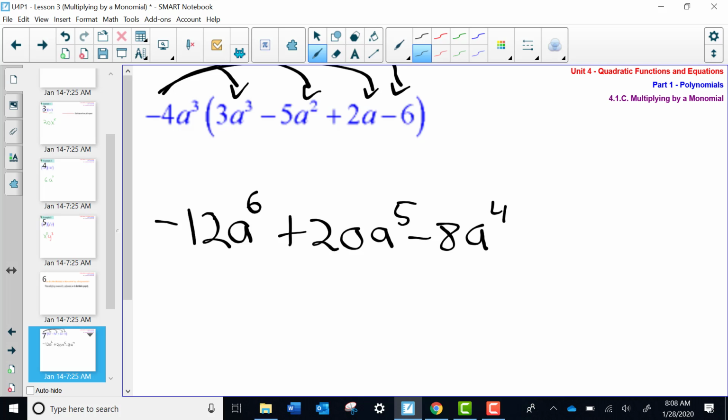Rohan. Say that again. Negative 24a to the third. Are you sure you want to say negative? Jessica R. Positive. Positive 24a to the third.